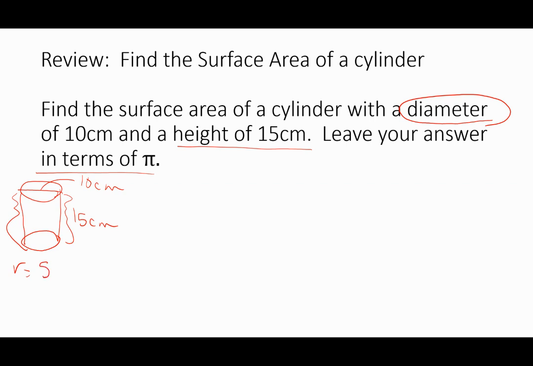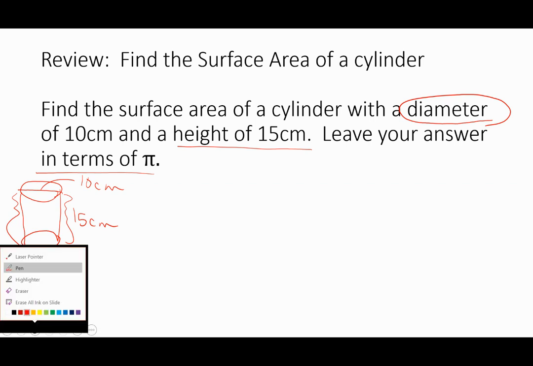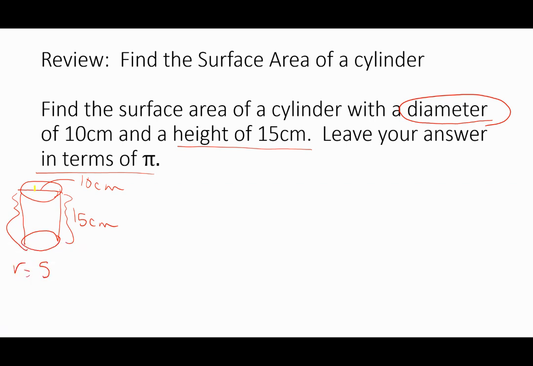So we need to find the area of the base right here, the base down here, and the sides unrolled, and we're only looking for the surface area. So the area of the base.